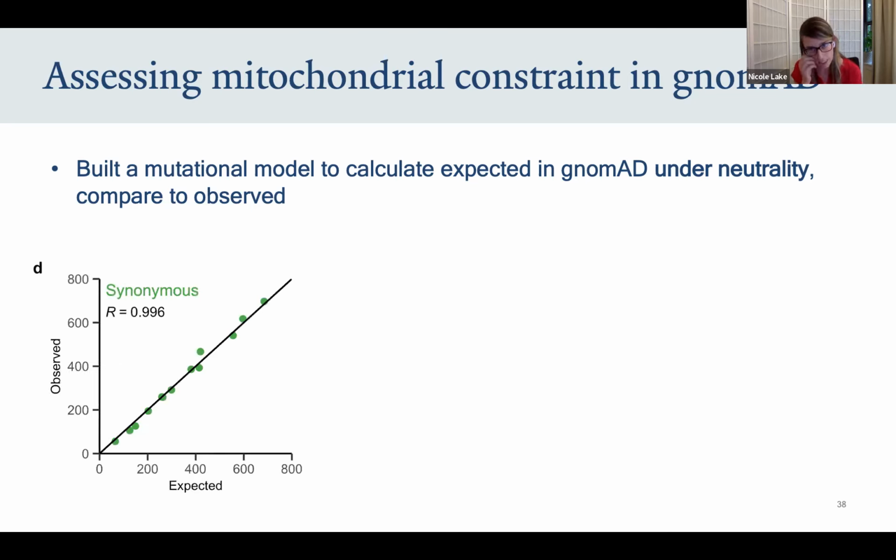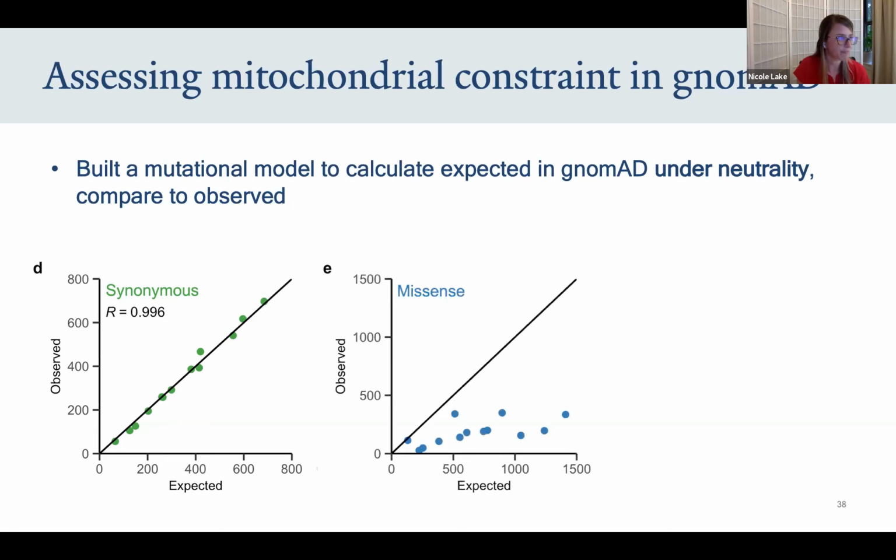So to help orient you with this concept, what you're looking at here are the results of observed compared to expected variation in each of the protein coding genes in gnomAD, focusing on synonymous variation. So what this is showing is that the observed levels are approximately equal to expectation, which is consistent with the fact that synonymous variation is not expected to be subject to strong selection.